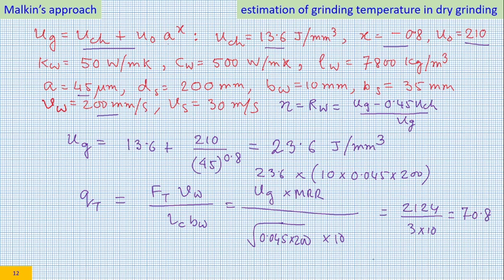So my QT has been calculated, which is 70.8 watt per millimeter square. So let us go to the next page. So I have a QT which is 70.8 watt per millimeter square, and now I have to calculate eta.